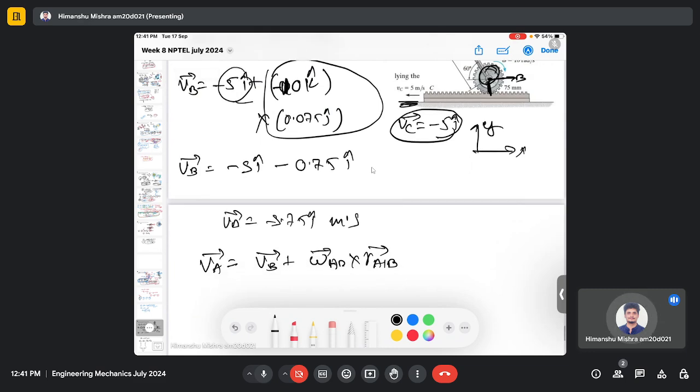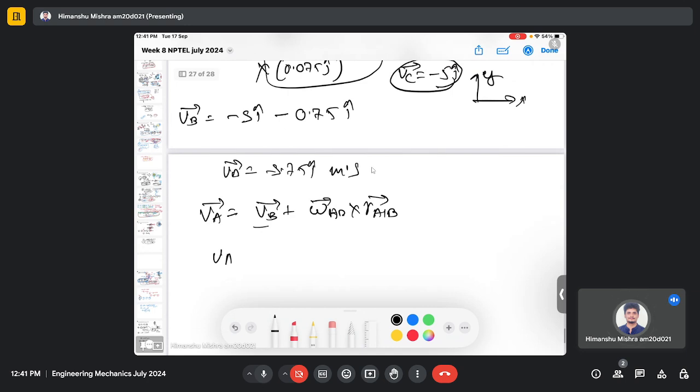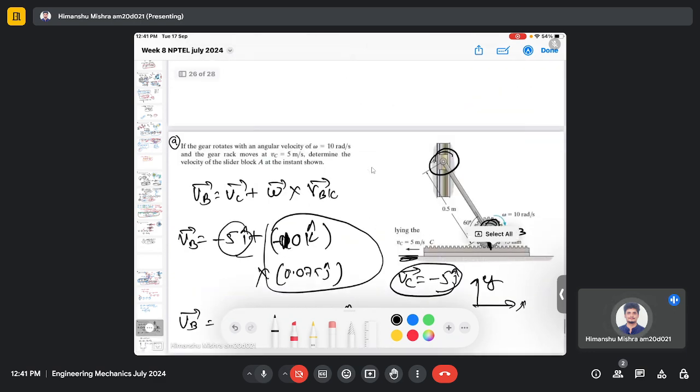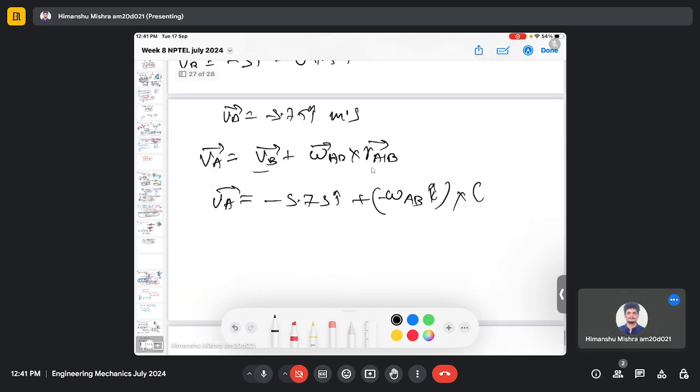So we already know B, so we need to find A. So if you substitute VB here, and this R will be this vector, so it has both x and y component, which is minus 0.5 cos 60 in the i direction plus 0.5 sin 60 in the j direction.